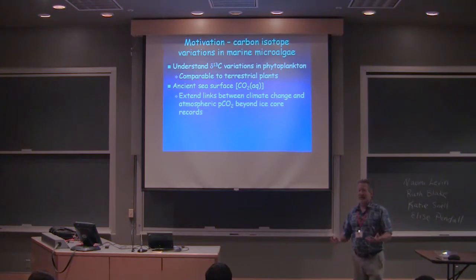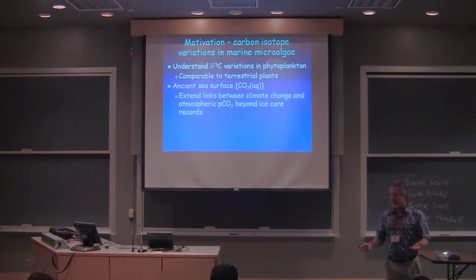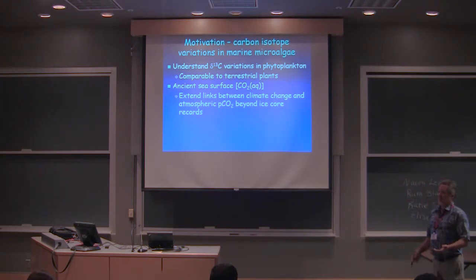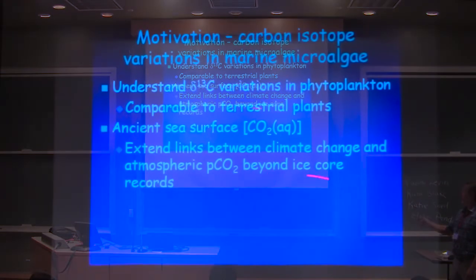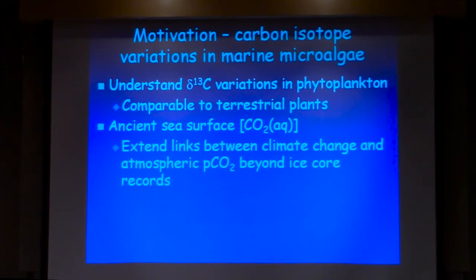So early on it was proposed that the carbon isotopic composition of marine organic matter through time could be a proxy for CO2 variations through time. And that would be great because it would extend the records of CO2 concentration, or atmospheric pCO2, beyond what we have in ice cores, which is roughly about 1 million years. And it could extend it back through geologic time.